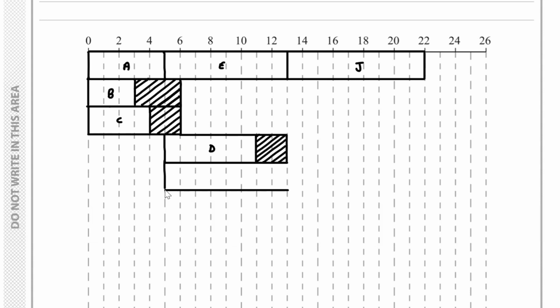Let's add on the vertical lines as shown here. And then duration is 5. So that takes us up to 10 as shown here. So this is F. And let's add in the float. Here we've got F. Okay.